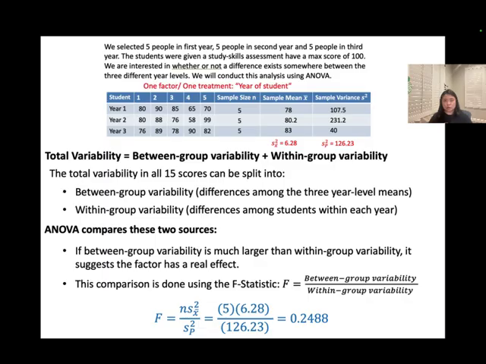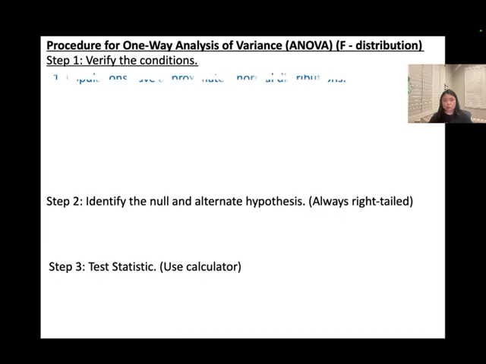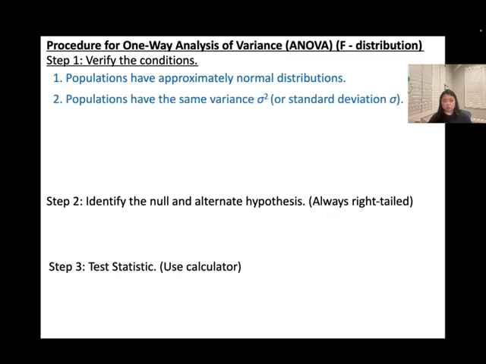Now, let's look at the steps. What is the procedure to perform the one-way analysis? First, verify the conditions. Populations have approximate normal distribution. So for each population, they do have a normal distribution. Second, populations have the same variance.